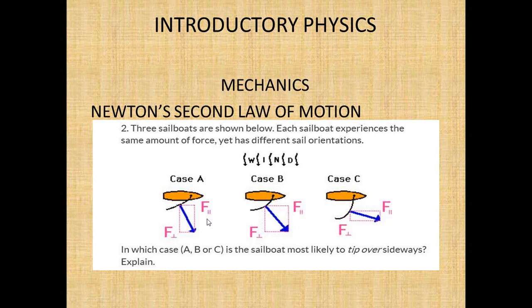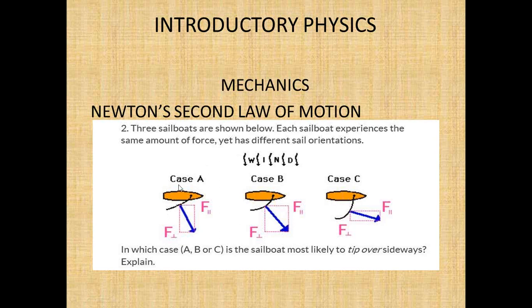All right, so let's analyze what's going on. The length of the arrow depicts the amount of the force. The amount of force is the same because the length of the arrow is the same in all three cases.